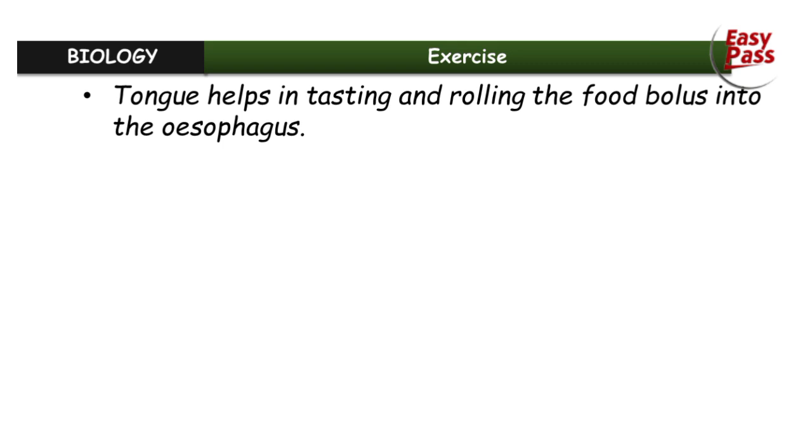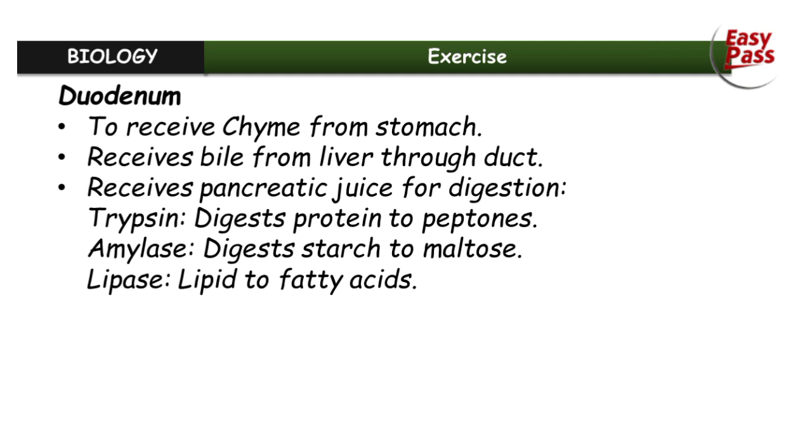Then the next one we have been asked is the duodenum. The role of the duodenum is to receive chyme from the stomach. That's the first one.